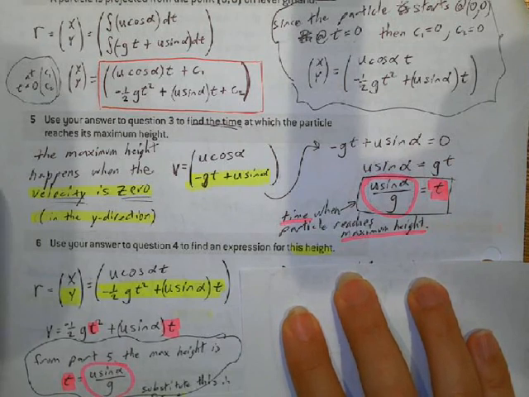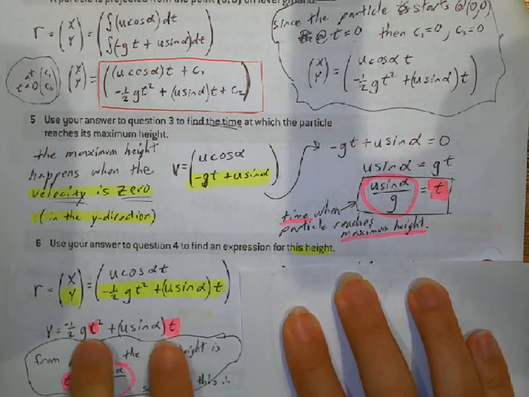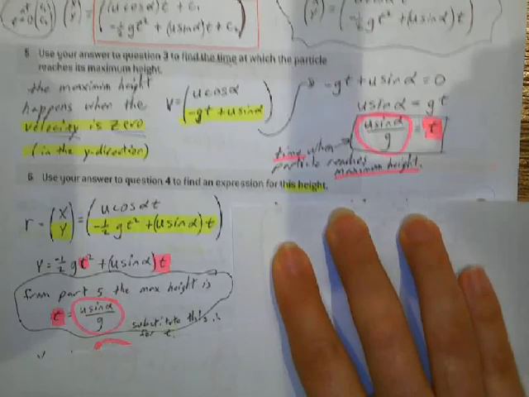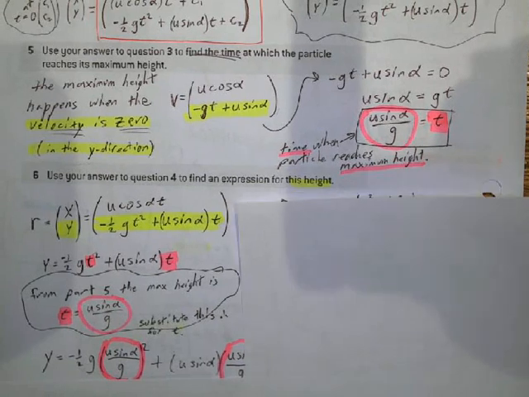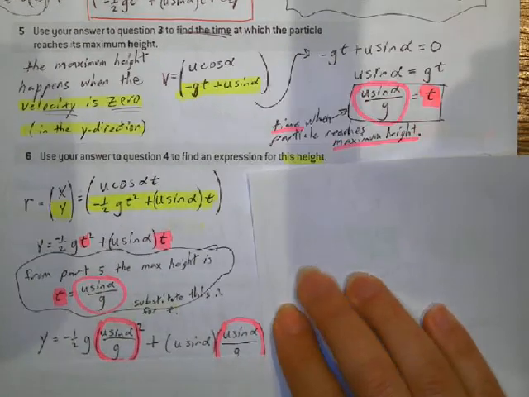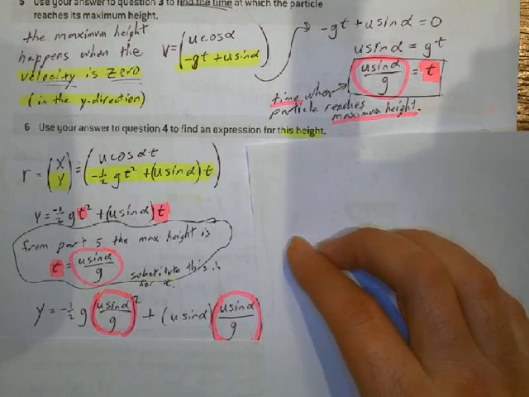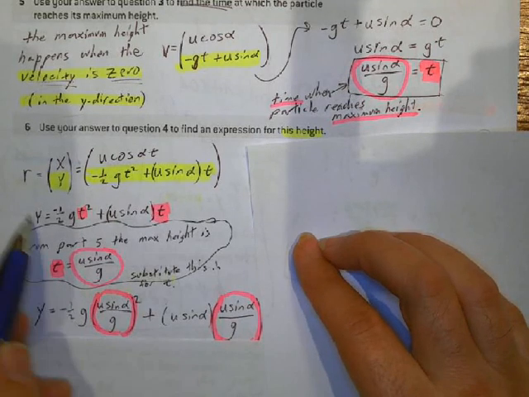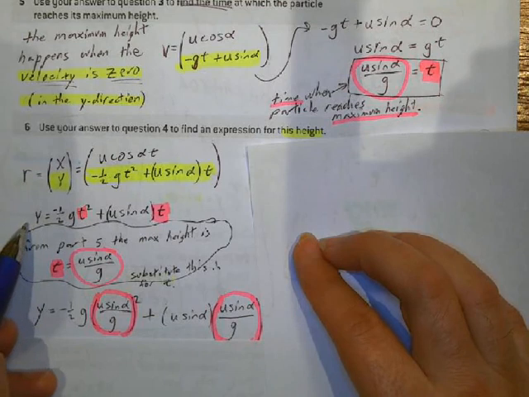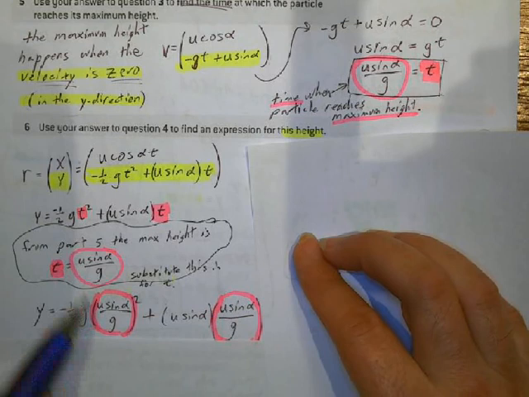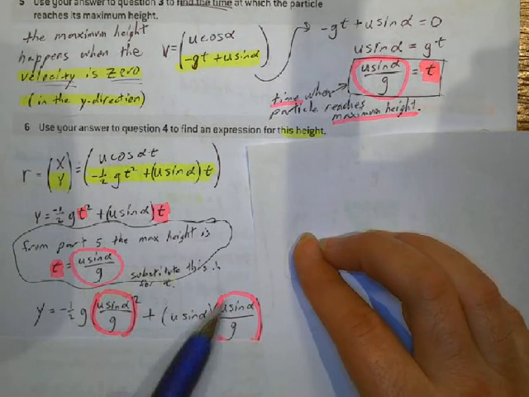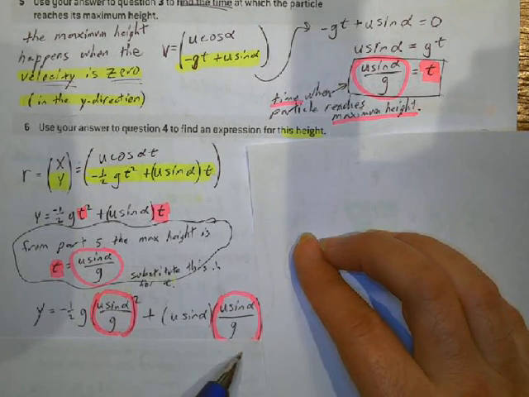Okay, and so when I substitute that in, the pink dot t is now going to become this. So don't be afraid of this equation. I've just rewritten this line right here that I'm pointing at. I've just rewritten this line down here, and I've replaced the letter t with u sine alpha over gravity, and I replaced this t with the same thing.